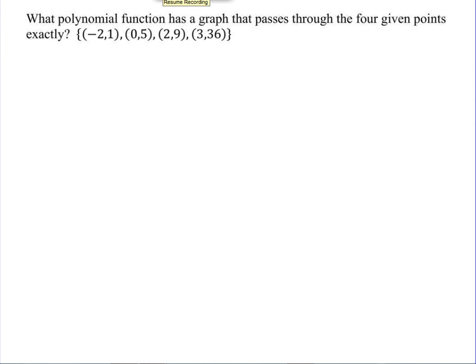All right, let's try this one. It says, what polynomial function has a graph that passes through the 4 given points exactly? Now, what degree polynomial are we talking about here? This is a third degree polynomial because we have 4 points. So it's a third degree. Talk me through it.